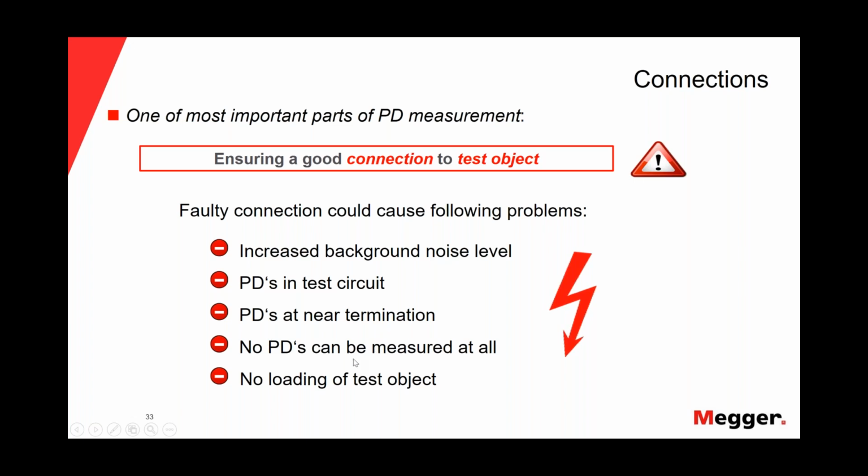The other problem we can have with a faulty connection is that no partial discharge activity will be measured at all, or we will not be able to load the test object, okay? So it's important to have a very good connection between the PD equipment and the cable under test.